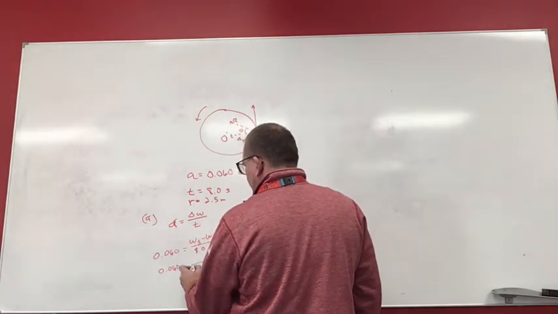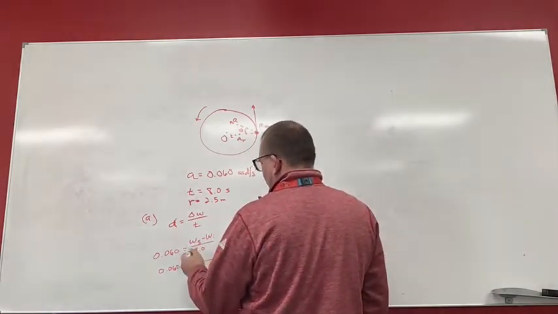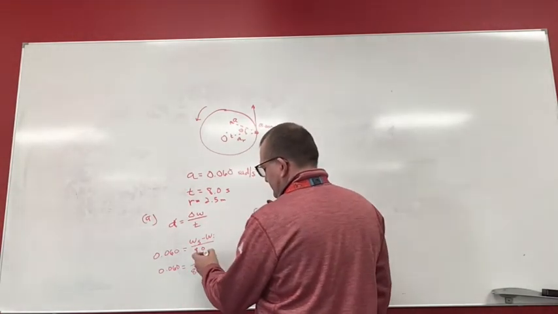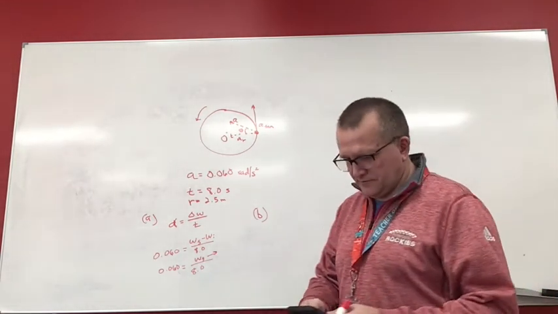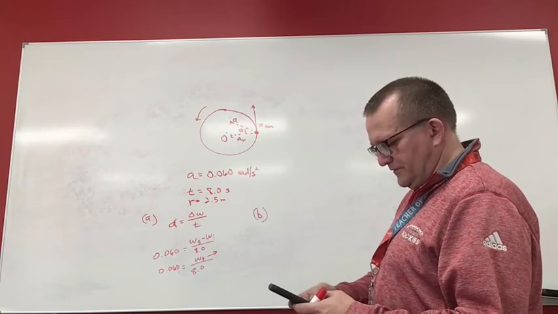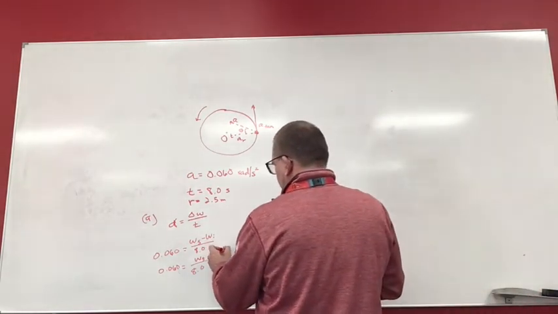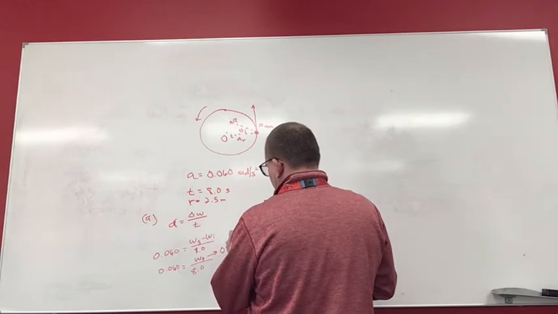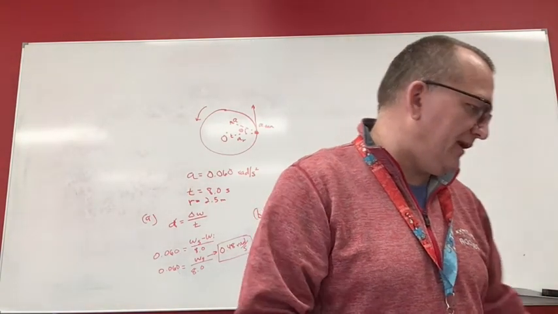My initial, I start at rest, is 0, so my final is all I'm going to solve for. Then I just solve for omega final, which is going to be 0.06 times 8. And I get an angular velocity of 0.48 radians per second.